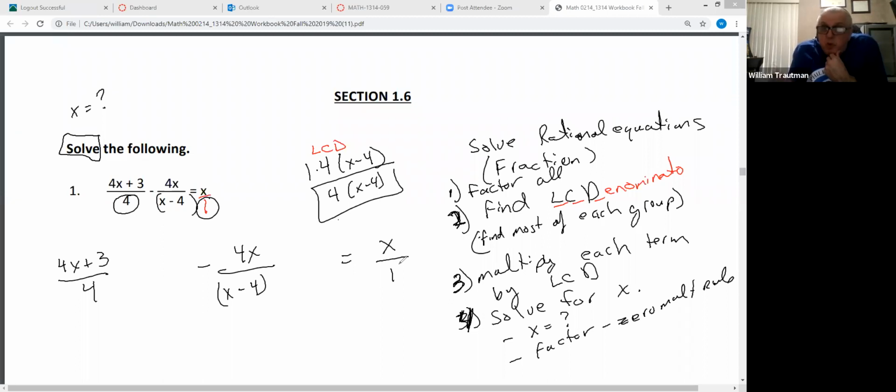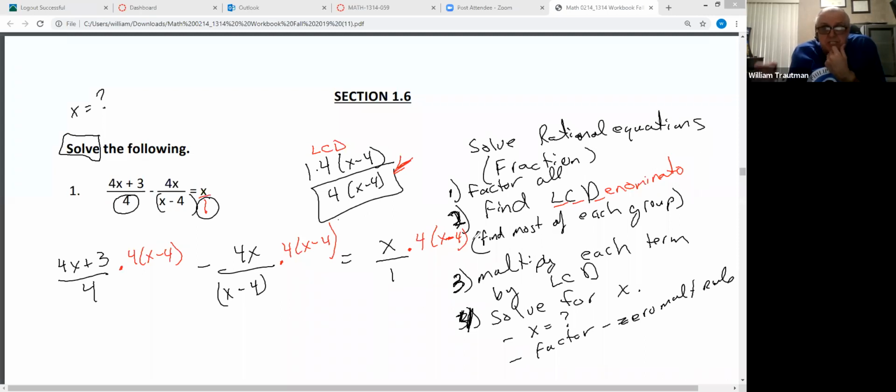Step 3 says multiply each term by the LCD. This is the LCD. So I'm going to multiply this term by 4 times x minus 4. I'm going to multiply this term by 4 times x minus 4. I'm going to multiply this term by 4 times x minus 4.